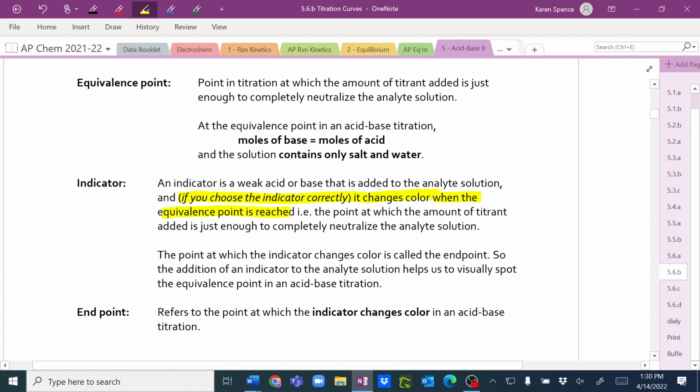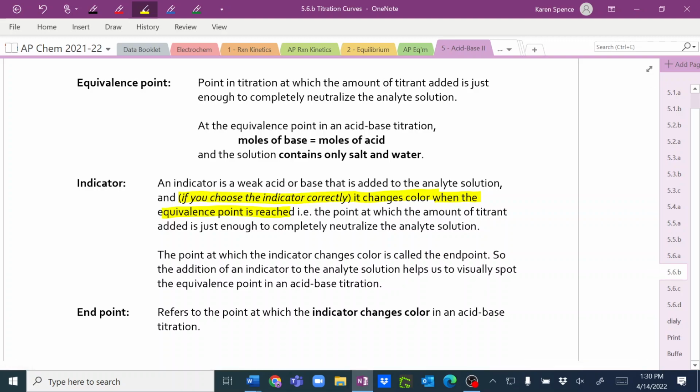It is possible to badly choose an indicator and it will change color like 10 milliliters before you reach the equivalence point, which would be absolutely useless. Your reaction's not done and it's changed color and you think it is over. So you have to choose your indicator for your reaction well, and that's one of the things we're going to learn today.